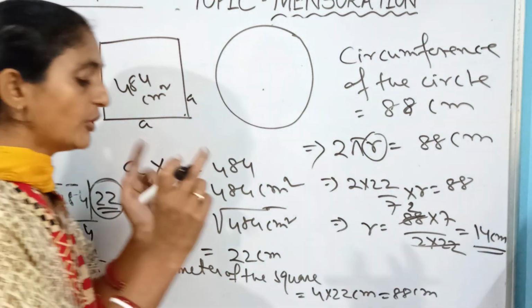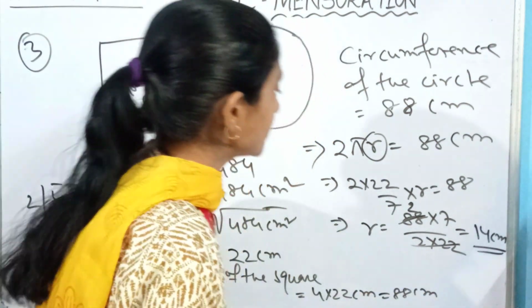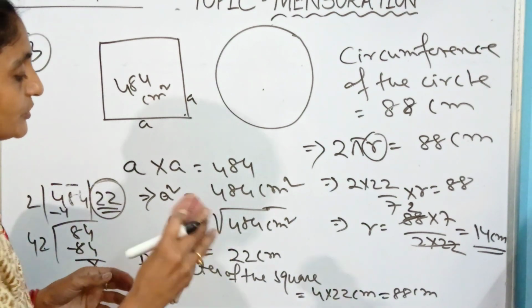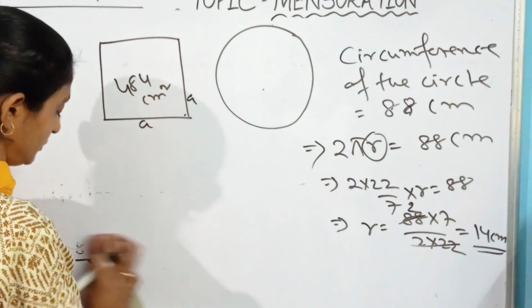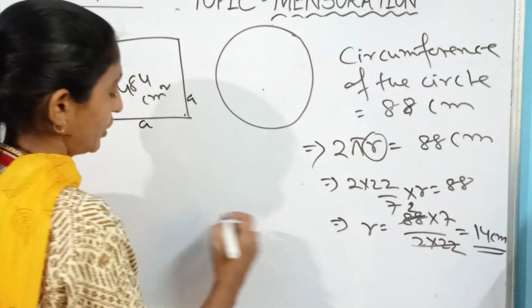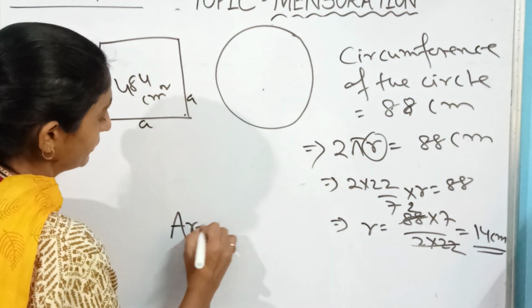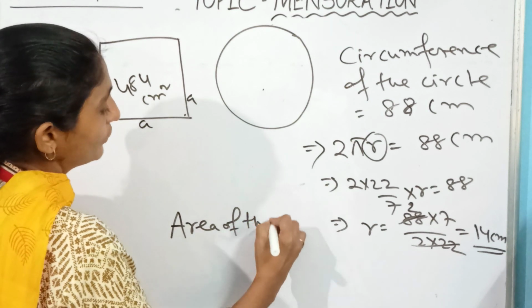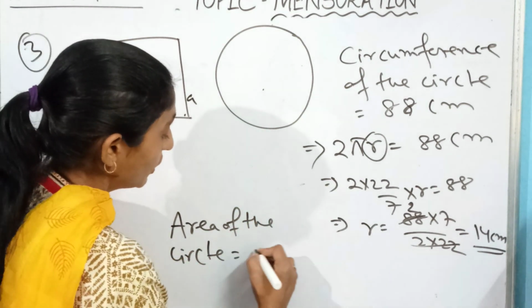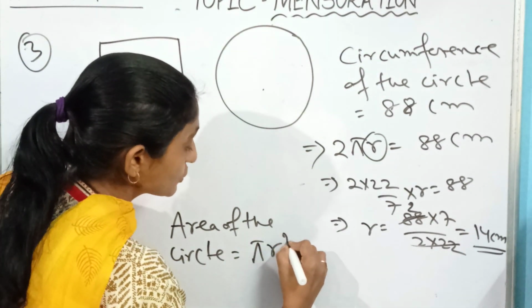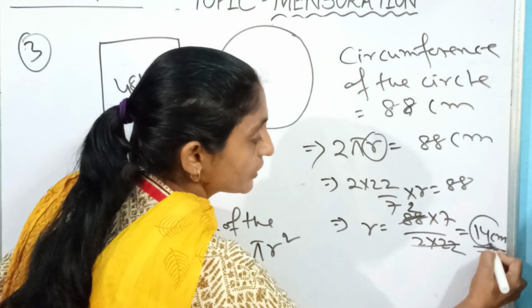So let's find the area of the circle. As we have got the radius of the circle, the area of the circle is equal to pi r square, where r is 14 centimeter.